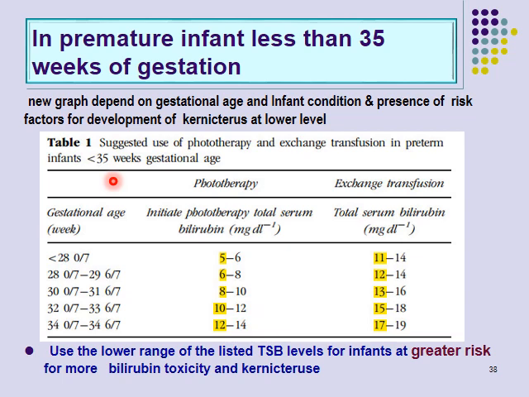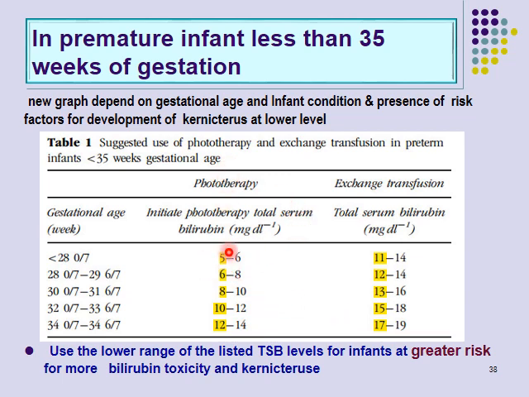chart for a premature infant of 35 weeks of gestation and less. The numbers in this table before it, for the premature infant, are required for memorization. In this new chart, we depend on gestational age and infant condition for the presence of risk factors. I mentioned it previously multiple times, and you can see here the phototherapy level and here the exchange level.